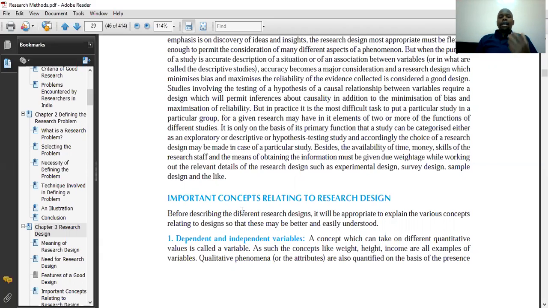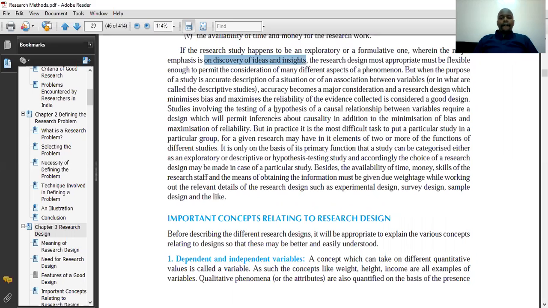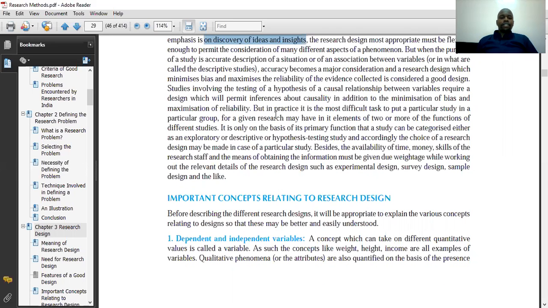The other thing, a research design should emphasize on the discovery of ideas and insights, all right? What that means is that your research design should be geared towards finding some findings, finding some discoveries, finding some results.